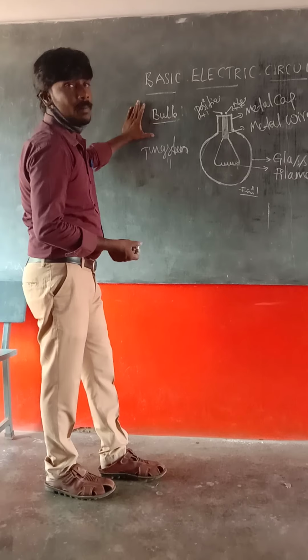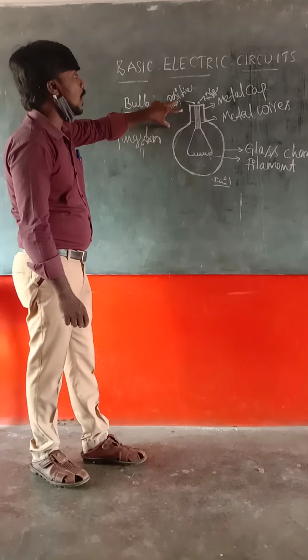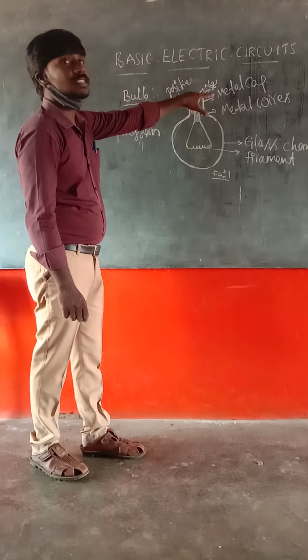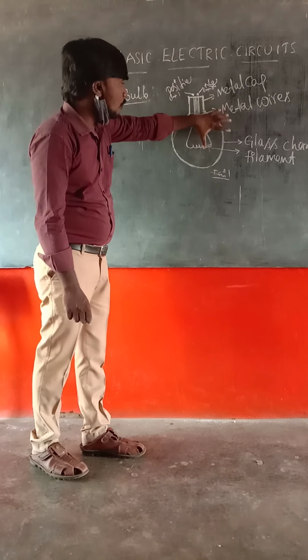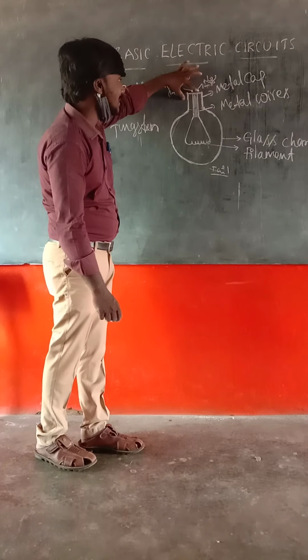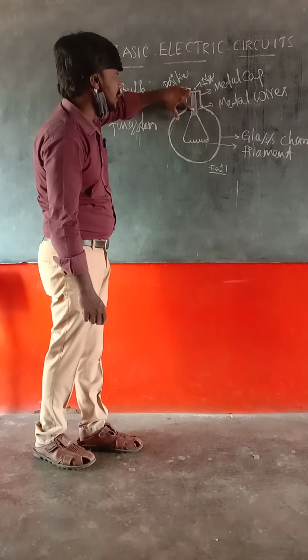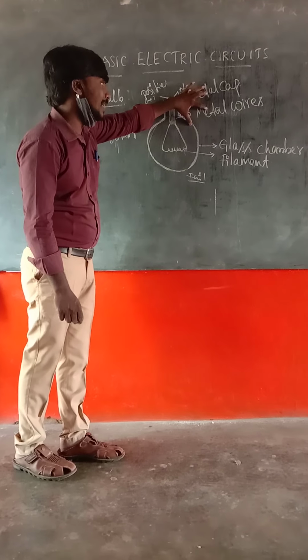The bulb has mainly two types of terminals: one is the positive terminal, and the second one is the negative terminal. And the bulb has mainly four parts. One is the metal cap, and these are the metal wires.